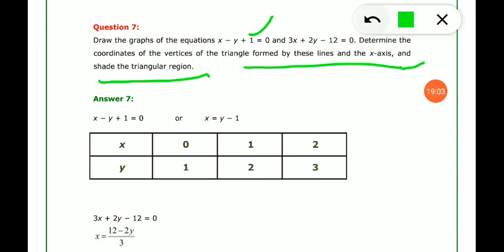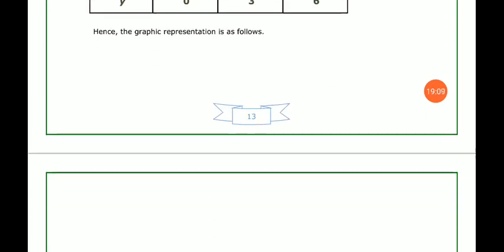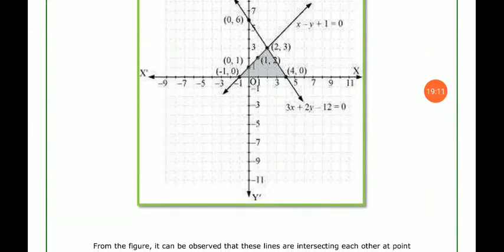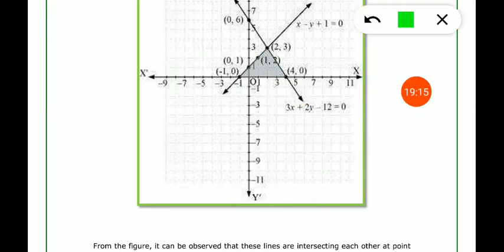So we will plot the graph. Already we have learned how to plot the graph; we have to find the points, then we plot the graph. Now this is the region between the 2 lines and we have shaded it.